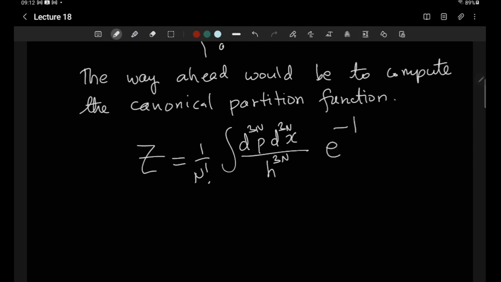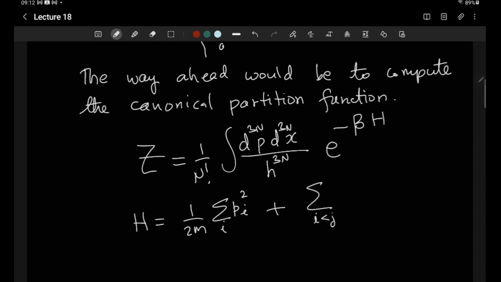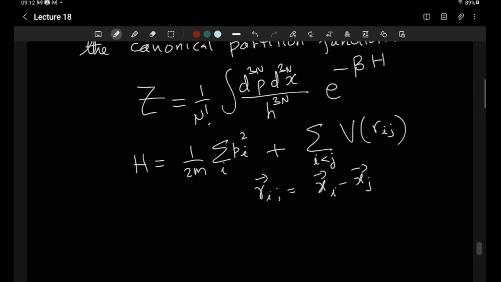E power minus beta times H, where H is just the free particle momentum term plus the summation over i less than j of V of r_ij, where r_ij is x_i minus x_j. Obviously, we cannot do this integral, but there is some part of it we can try to do, and there are approximate methods. So we will do this computation later.